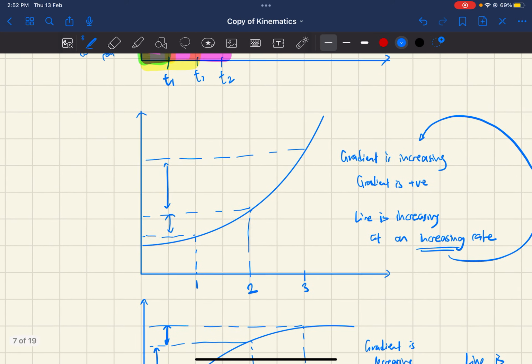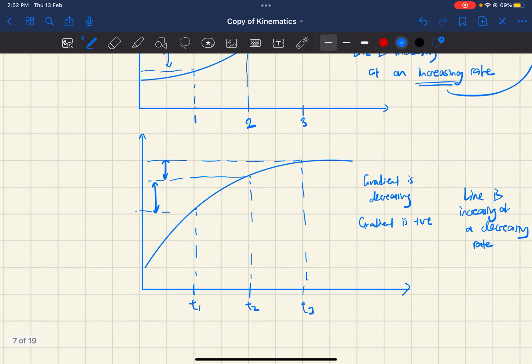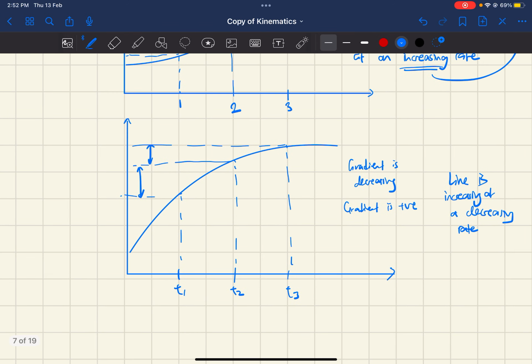Next one, your graph is sloping upwards, which means that your area is increasing at an increasing rate. Same for the last one. Your graph is sloping upwards as well, so your area is increasing at an increasing rate. So something like this.